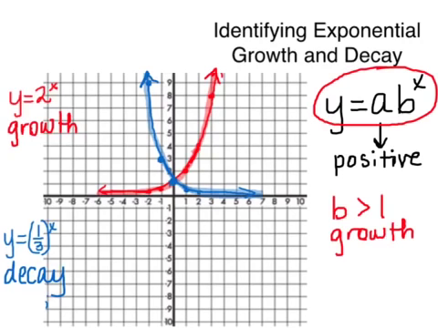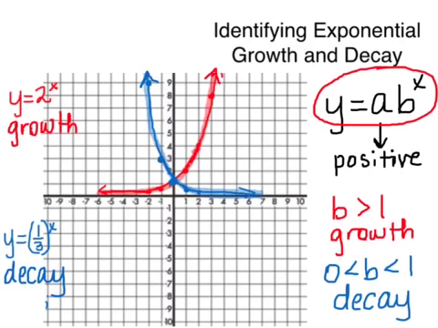However, if b is small, and I don't mean negative, I mean between 0 and 1, so we're talking about things like fractions, like 1/3 or 2/5, but not negative, just anything between 0 and 1, then you're talking decay. And that's only true if a is positive.